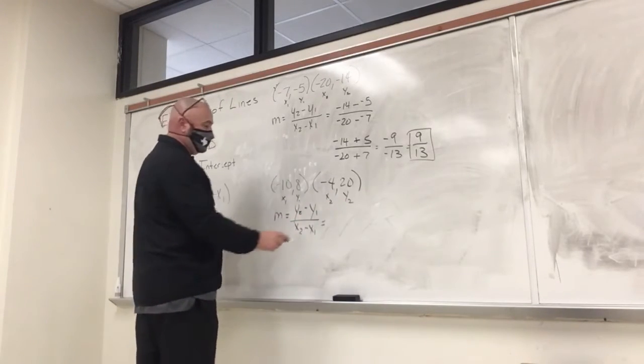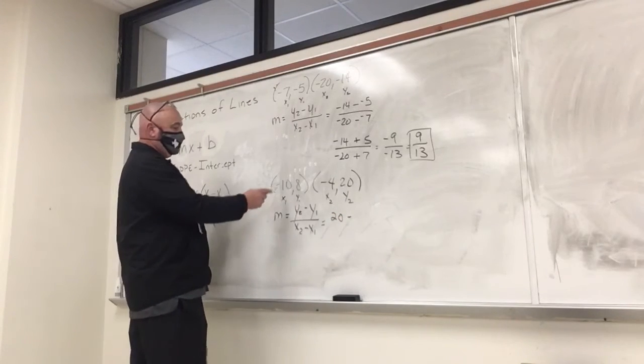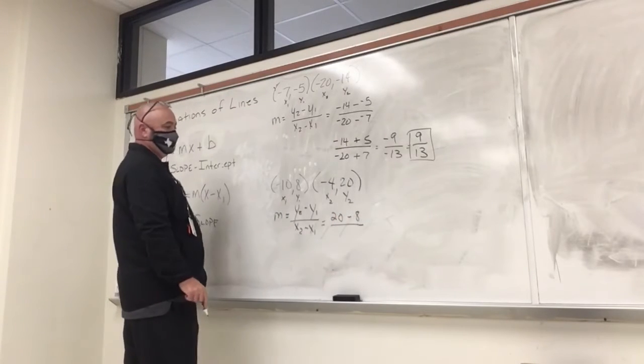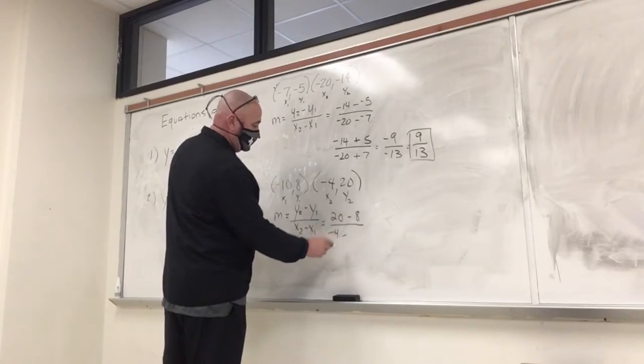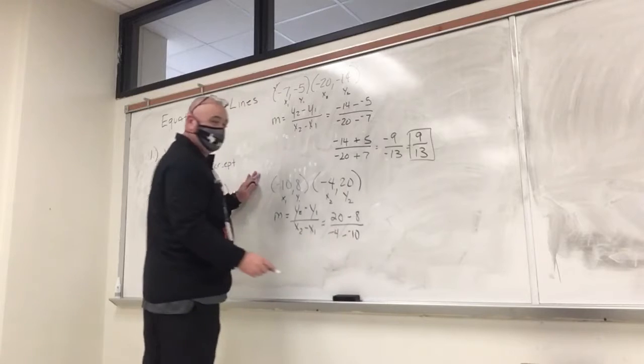y2 is 20 minus y1, which is 8. Divided by x2, which is -4, minus -10. Rewrite.